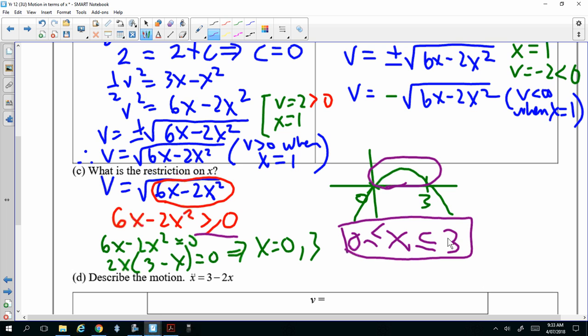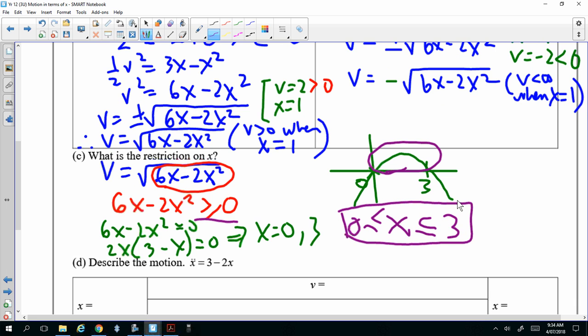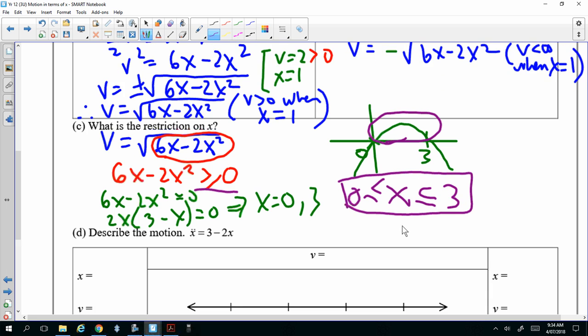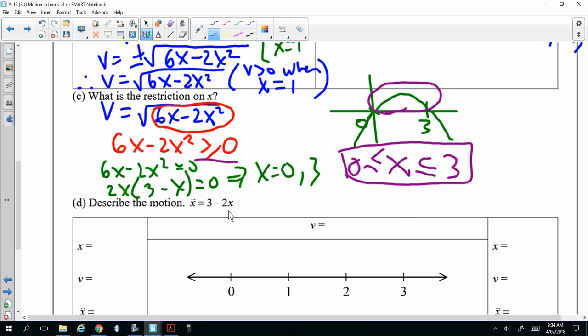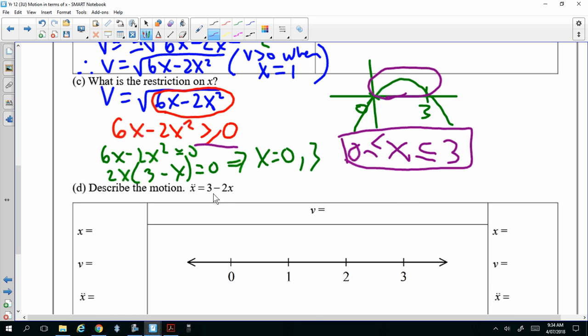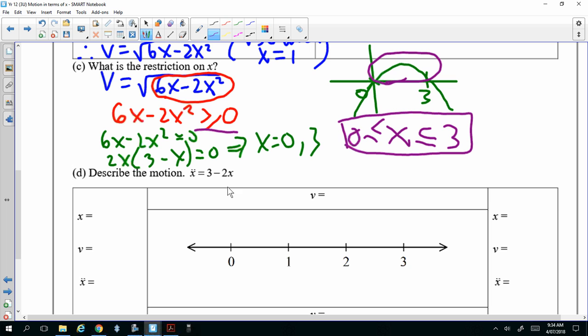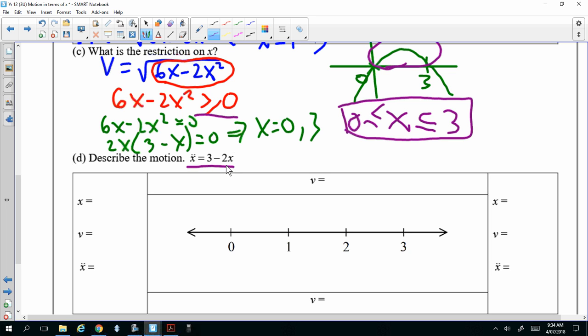Okay, now we're going to describe the motion. So what's really happening? We have the equation x double dot equal to 3 minus 2x. Let's look at the acceleration, and work out the position at the extremes of the motion, at x equal to 0 and x equal to 3.